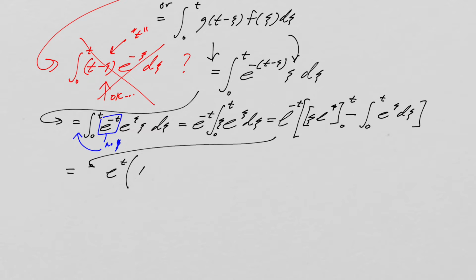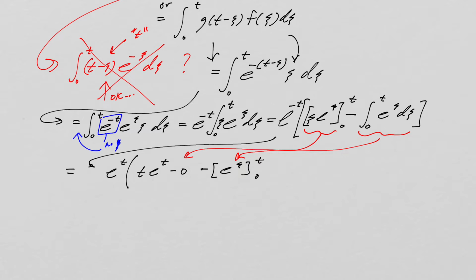What we really have here is t e to the t minus 0. That's coming from this term here we're evaluating, okay? Then finally, we have to evaluate this one. And of course, the antiderivative of e to the c is just, of course, e to the c. And then we just evaluate it at 0 to t and take the difference.